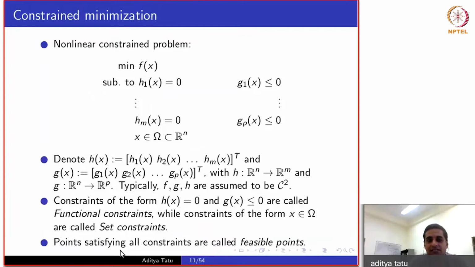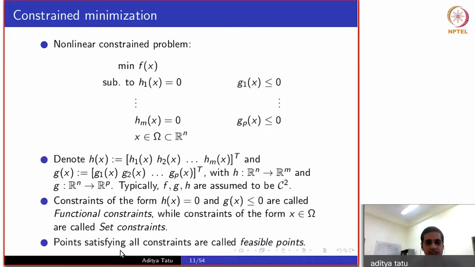Let's look at constrained minimization, which has found several applications in shape modeling, geometry processing, machine learning, image processing, etc. Just to get you back to where we were, this is how a non-linear constrained optimization problem would look like.